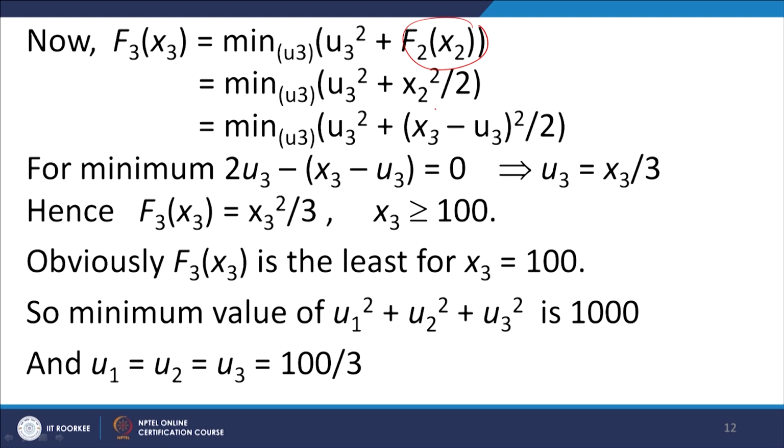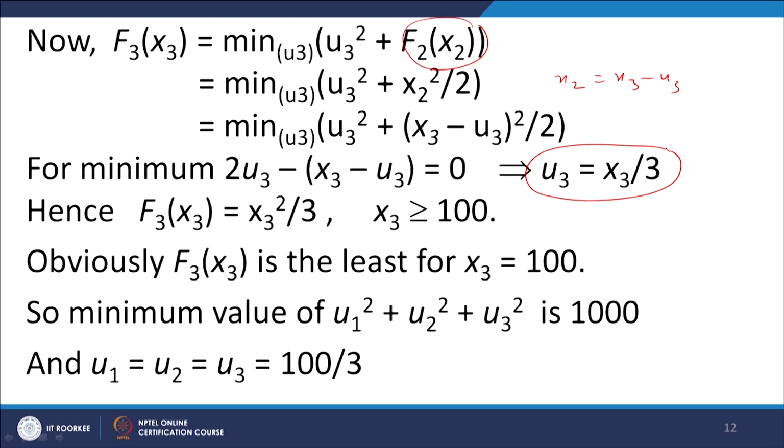We get x2 in terms of x3 minus u3, because we substitute x2 is equal to x3 minus u3, and again for minimization we take the derivative with respect to u3 and put it equal to 0. That gives us u3 is equal to x3 by 3. Hence, capital F3 x3 is equal to x3 squared by 3.